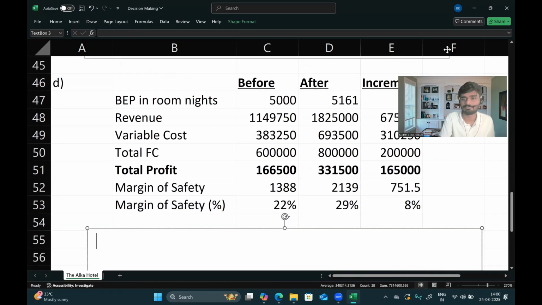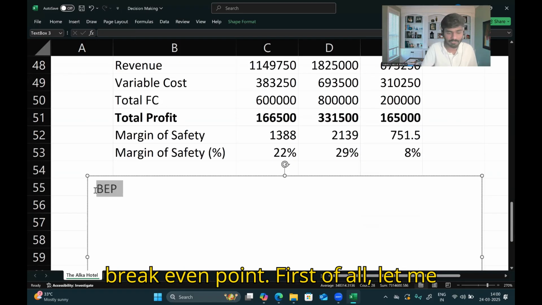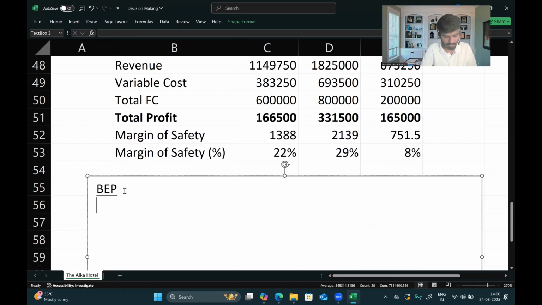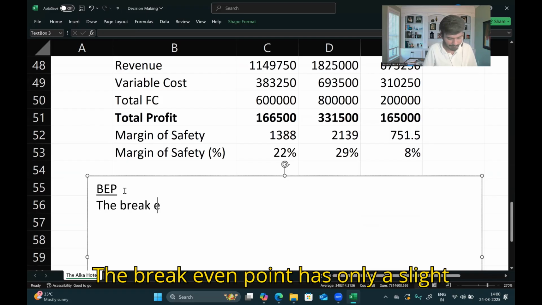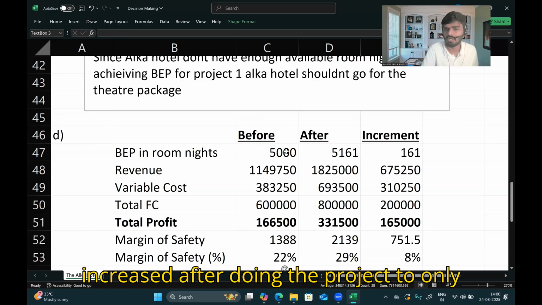First of all, let me discuss the break-even point. The break-even point has increased after doing project 2, but only a slight difference.